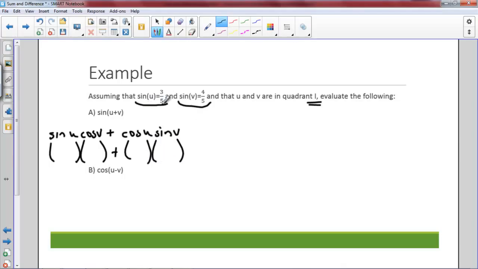Here it already gave me sine u, which is 3 over 5. Sine v they also gave me, 4 over 5. But now I need to figure out what is cosine v and what is cosine u. So I can draw my right triangle, call this angle u. Since sine is opposite over hypotenuse, we have 3 and 5, and I need to figure out what this side is.